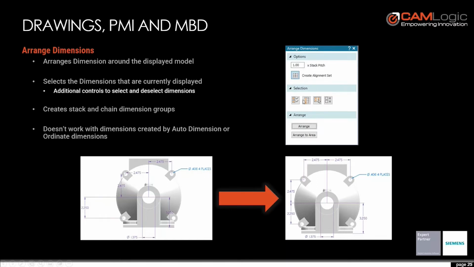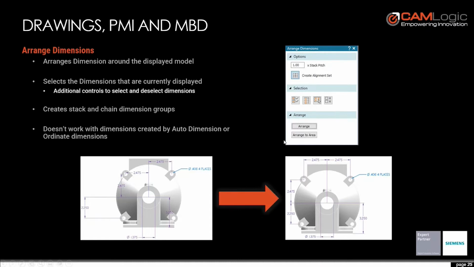There's a couple of settings here. So by default, it just arranges everything and it pushes everything outside of your model. You can deselect and select using these tools so that you're not getting every single dimension, or perhaps you only want to arrange half of them.